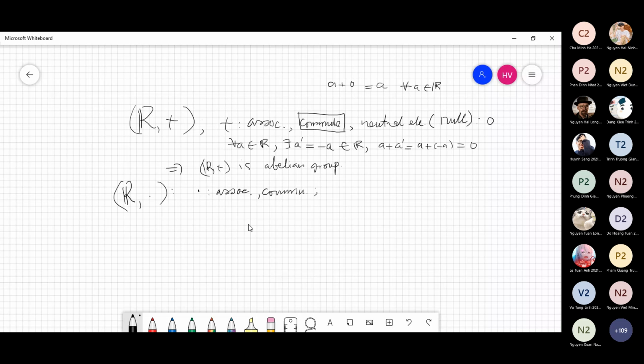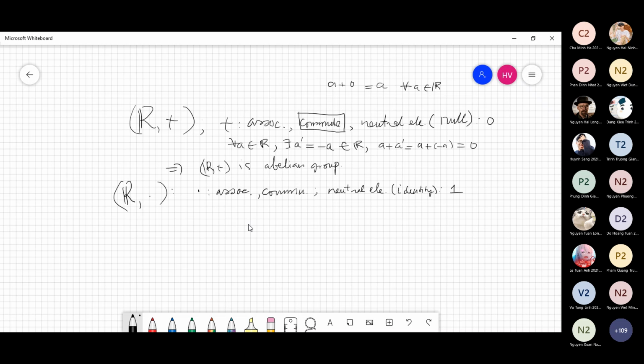In this case, we call it identity, the multiplicative identity. The full name is multiplicative identity, whatever, it contains identity element.